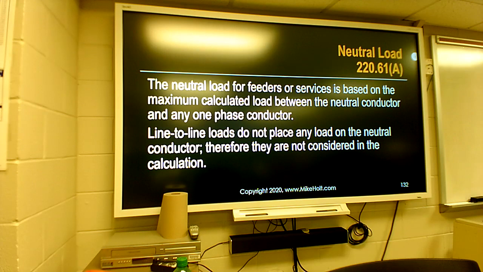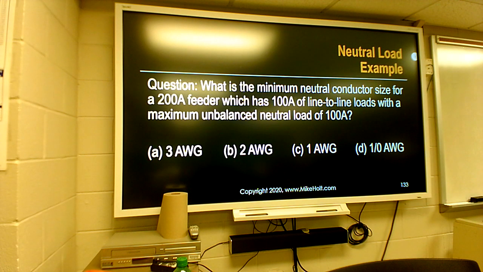So what do we mean by that? We're going to show you a diagram in a minute and what that exactly means if it's not clear to you. So our question would be, what is the minimum neutral size conductor for a 200 amp feeder that has 100 amp line-to-line loads?